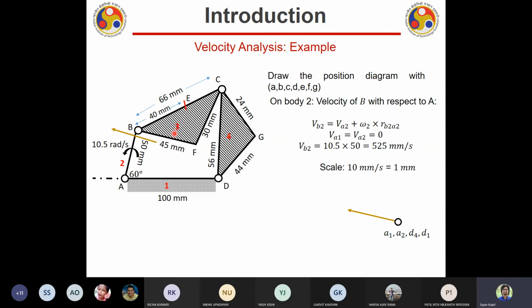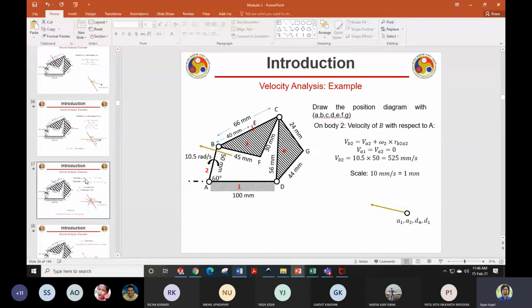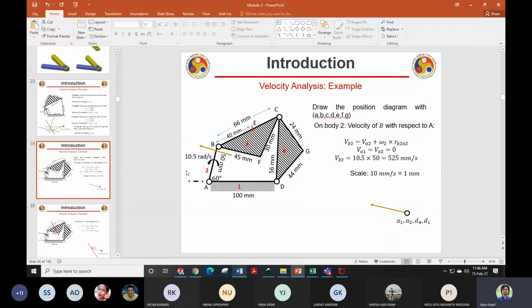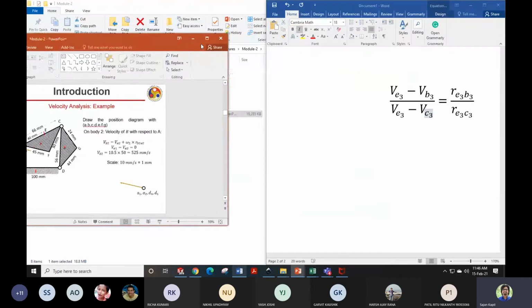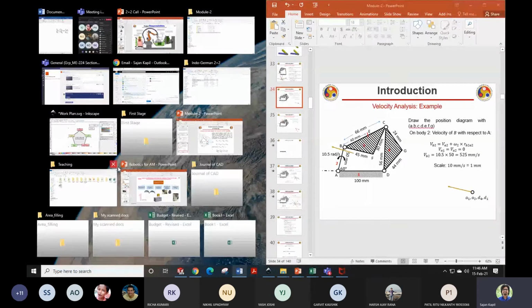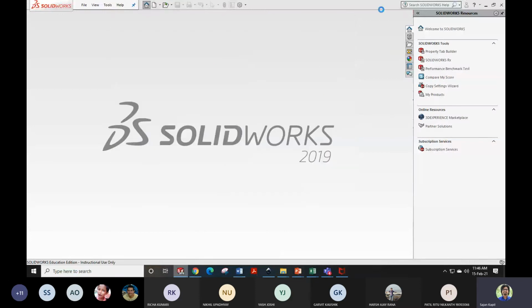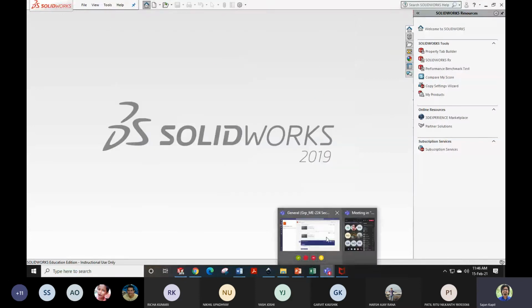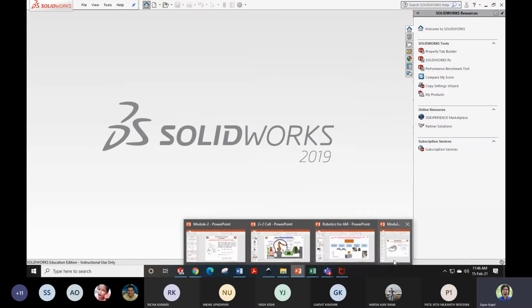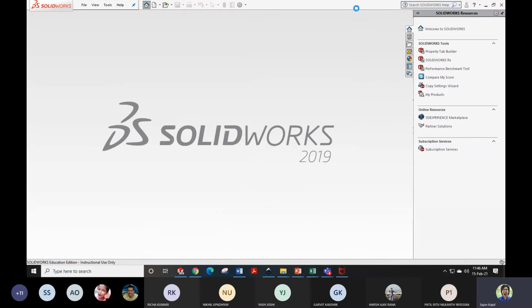So draw this first of all, the position diagram. I will do it in SolidWorks parallel to you, and you do it on your paper. If you are not able to complete it, solve it at home and we will discuss it tomorrow. Okay, but if you do not solve it, then that will be the issue. I will ask any one of you.